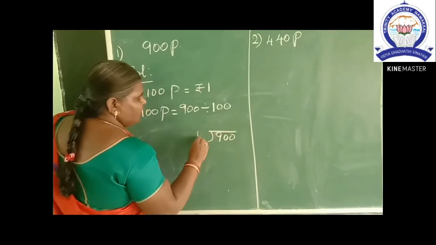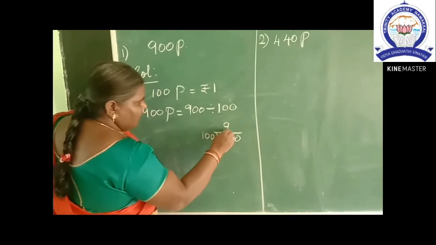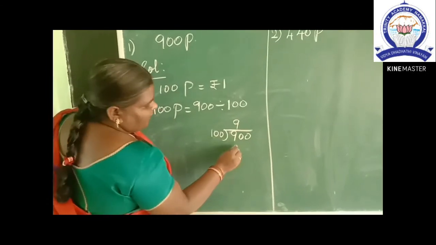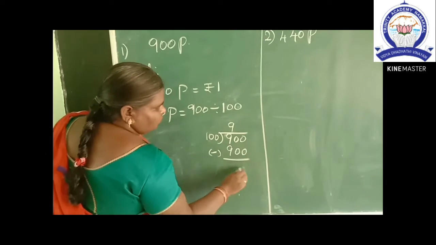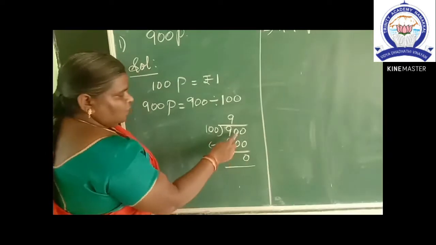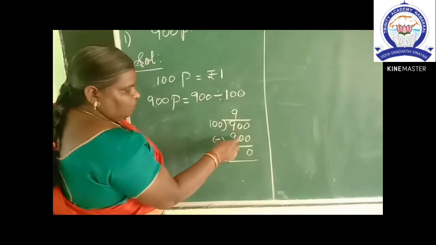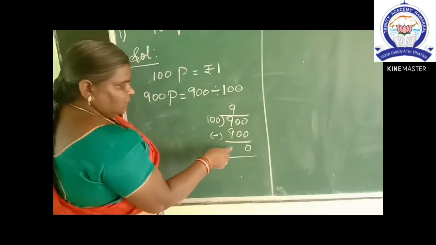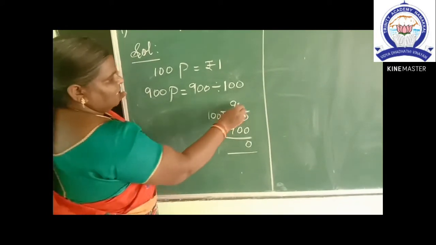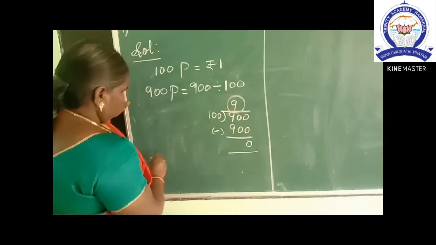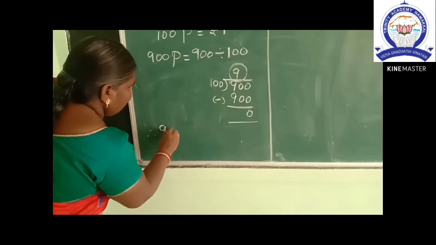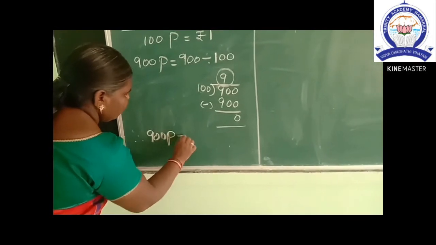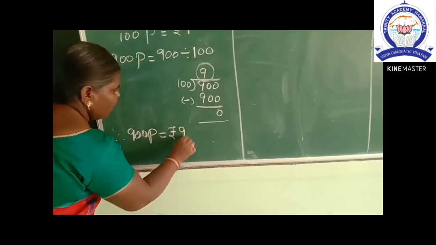Now you divide 9 times. 9 into 100, 900. Now you subtract. 0 minus 0, 0, 0 minus 0, 0, 9 minus 9, 0. So we get the answer is 9. Therefore, 900 paise equal to 9 rupees.